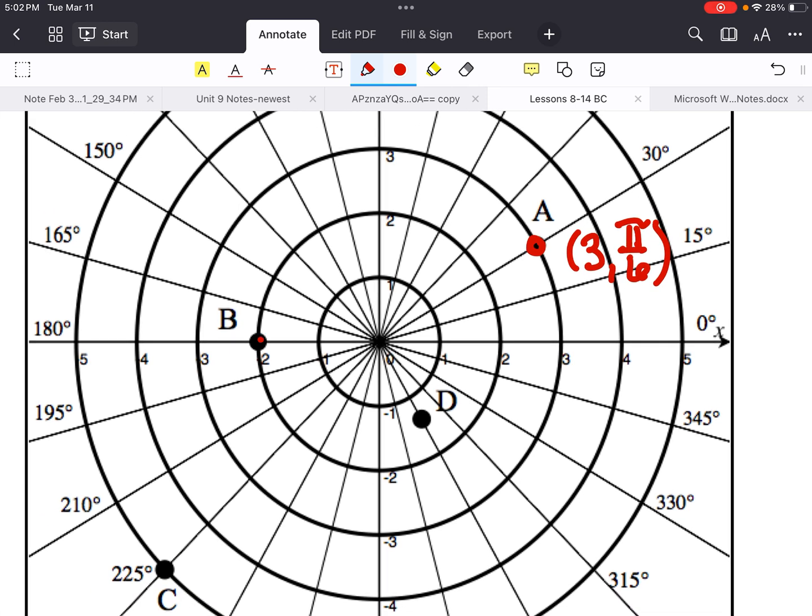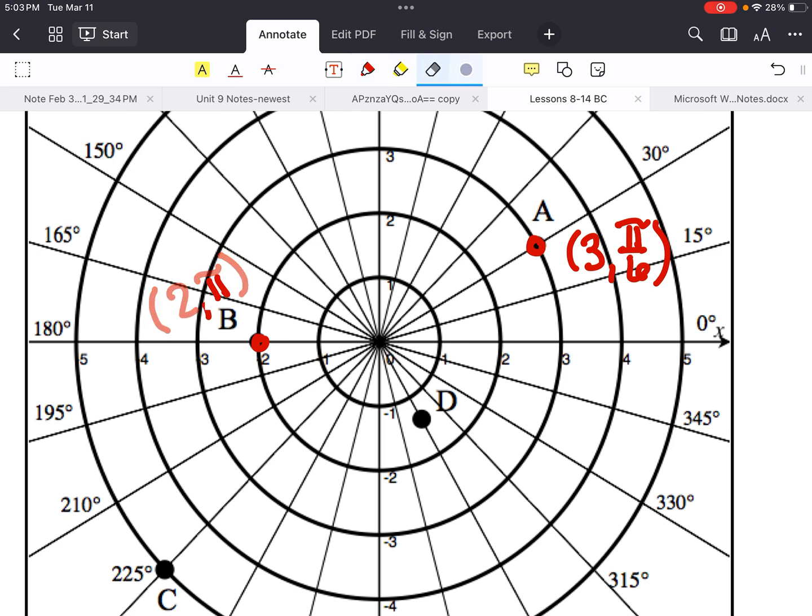This point B is, wrong number first, on a circle that is 2 units from the origin, has a radius of 2, and it is pi radians for the angle. So you're measuring things in terms of distance from one fixed point and angle from one fixed point. So all of those are different ways that you could write this.